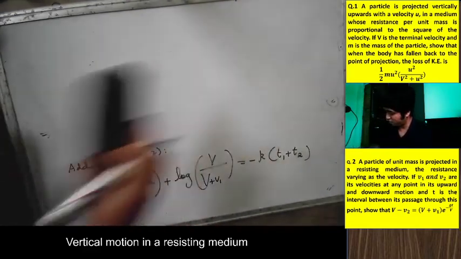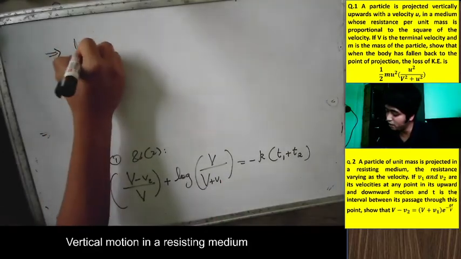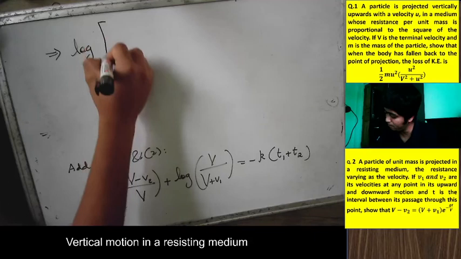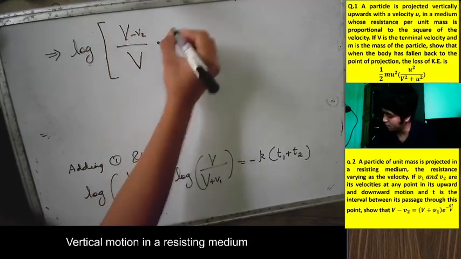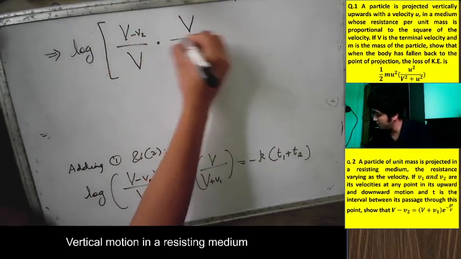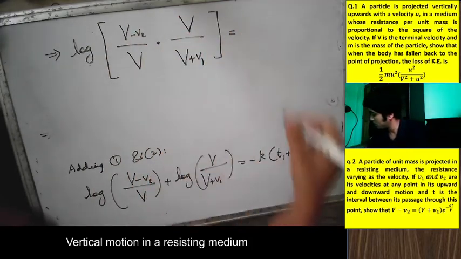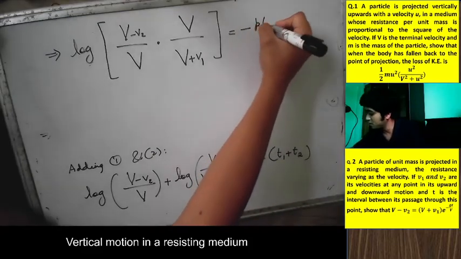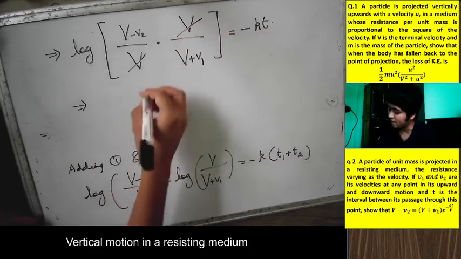So we are almost done. Now again just use the properties of logarithm: log a plus log b equals log ab. So (V minus v2) times (V plus v1) equals minus kT. This one and this one will get cancelled.